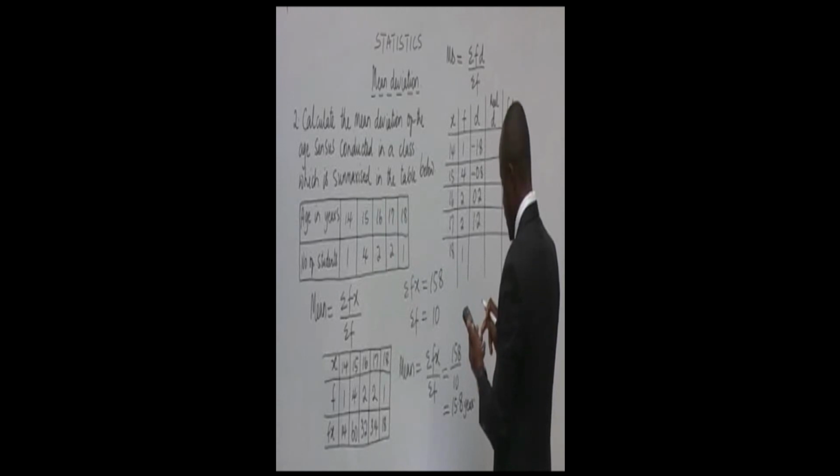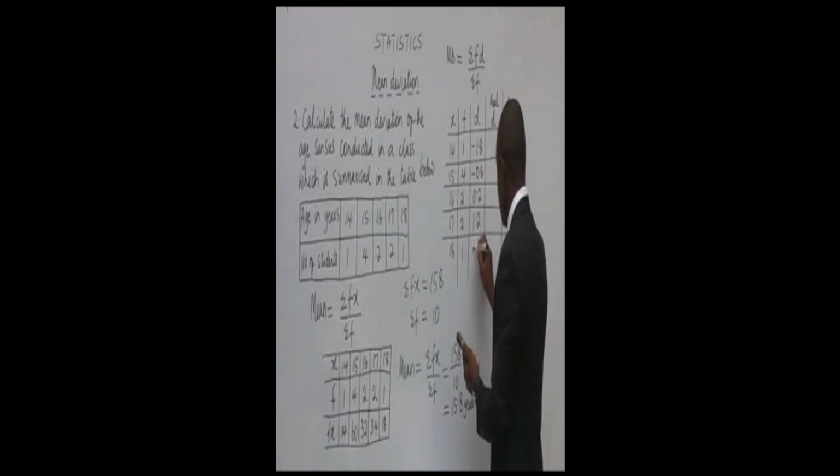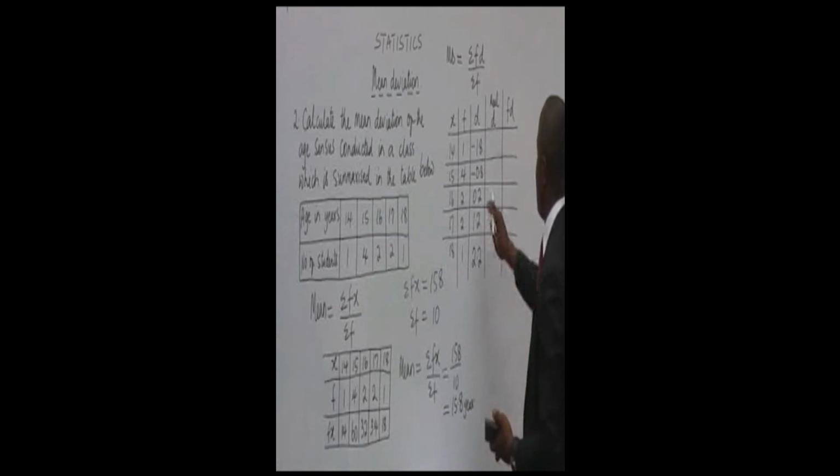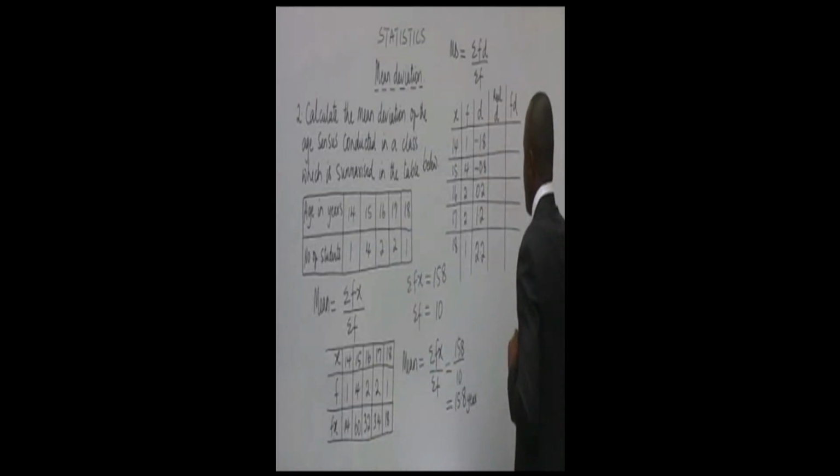Then the last one, 18 minus 15.8, gives us 2.2. Now these are our deviations. So now let's take our real deviations. Assume that all the negative deviations are positive. So instead of minus 1.8 we have 1.8, here we have 0.8, 0.2 is already positive, 1.2 is already positive, then 2.2.